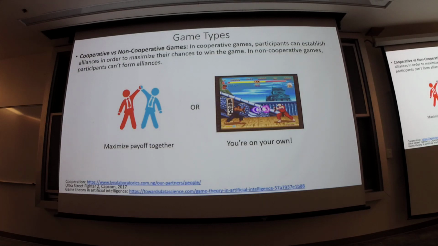So there are different game types, and I will tell you just a few of the categories, because there are lots and lots of them. The first one I wanted to talk about is cooperative versus non-cooperative games. There are some games in which we can form alliances in order to maximize our payouts, but there are non-cooperative games in which these alliances are not allowed, and so each player has to play on their own, right?